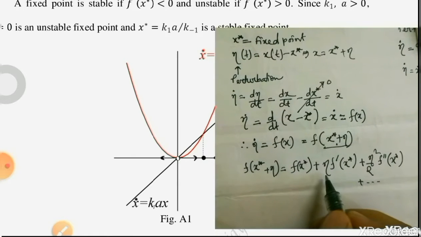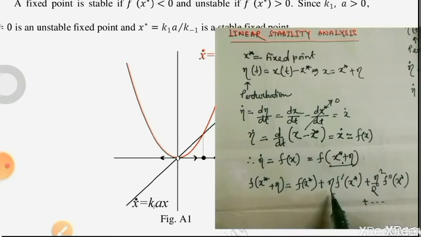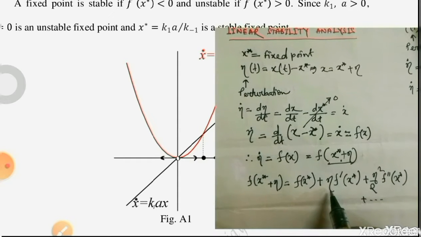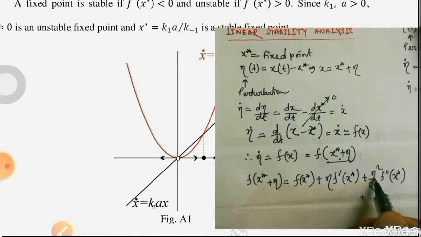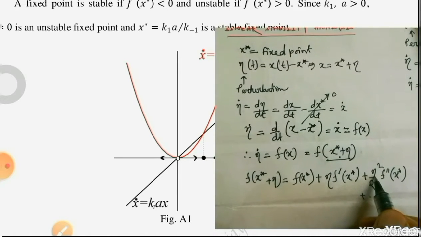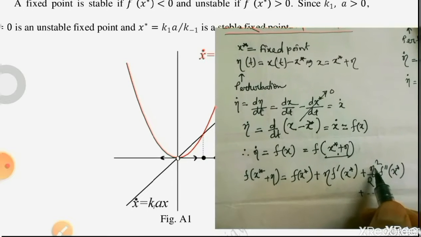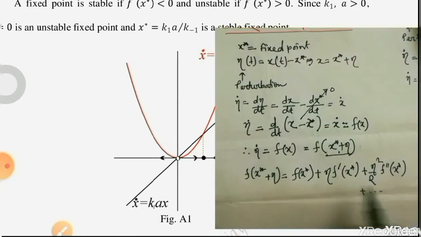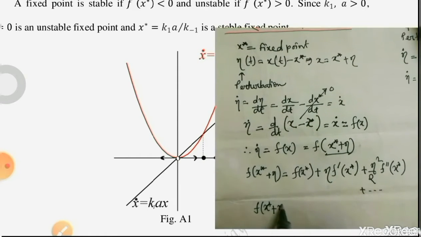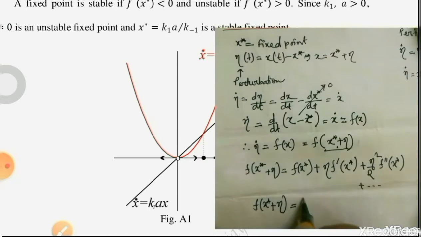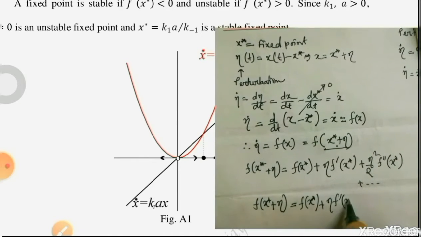Now eta is considered a small perturbation from the fixed point, so we can neglect the terms containing higher powers of eta, like eta square or eta cube. So f of x star plus eta is equal to f of x star plus eta f prime x star.